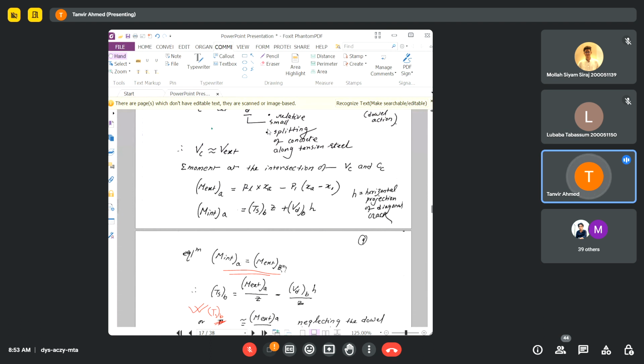Now the external moment at point A and internal moment at point A will be equal. Okay.